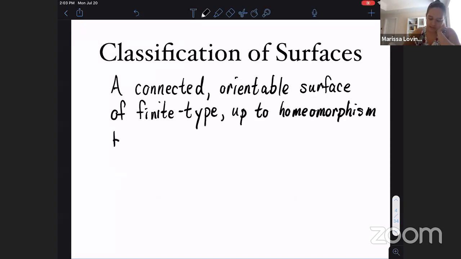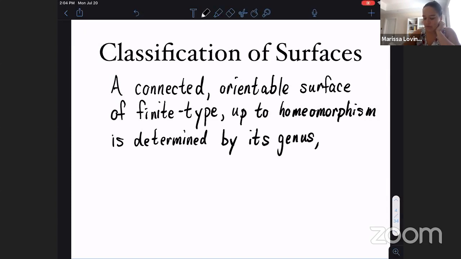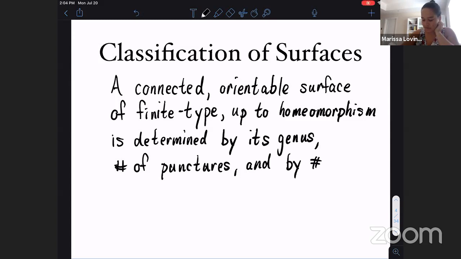Basically everything I'm going to be considering is up to homeomorphism. So it's determined by its genus, the number of holes it has, by the number of punctures, and by the number of boundary components.